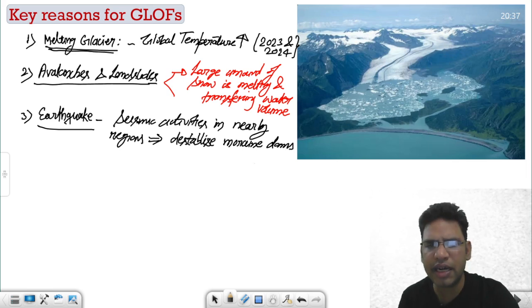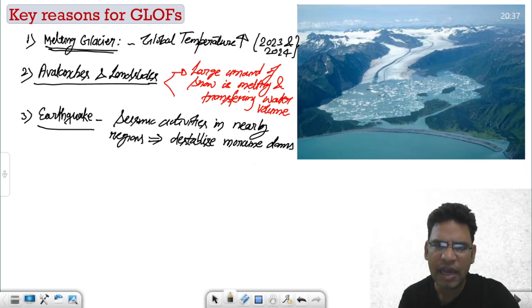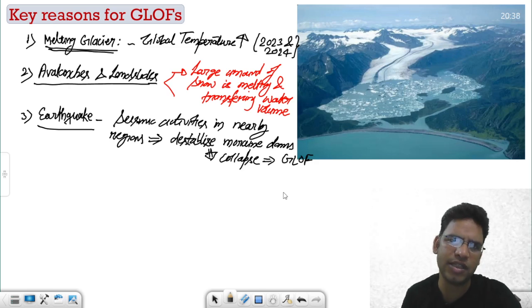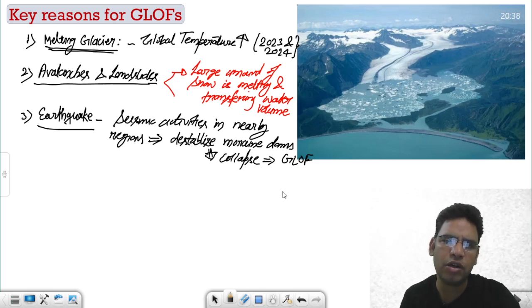And which is causing collapse of dams, and these are the GLOF events, right? Okay, glacial lake outburst floods.